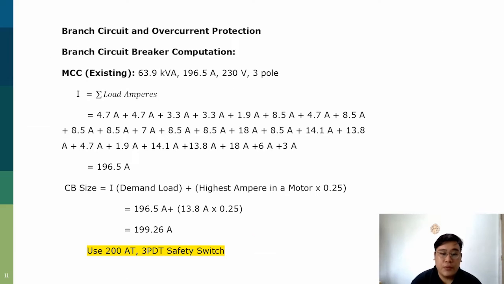Pupunta tayo sa ating computation. So, kung makikita natin yung schedule of loads kanina, ito po yung naging computation. In total po ng kVA, papalo po siya ng 63.9 kVA. Tapos, papalo rin po siya ng 196.5 amperes, tapos 230 volts.